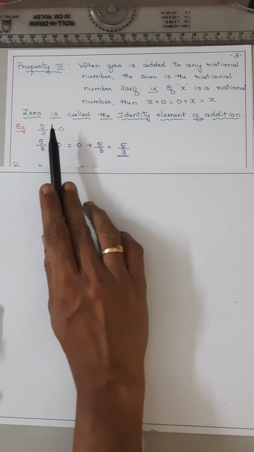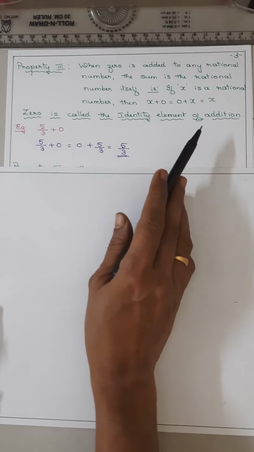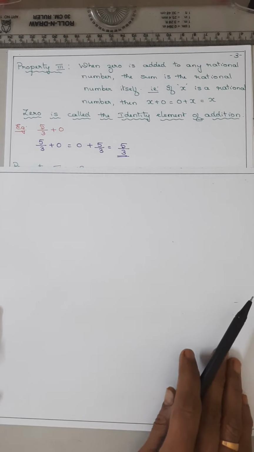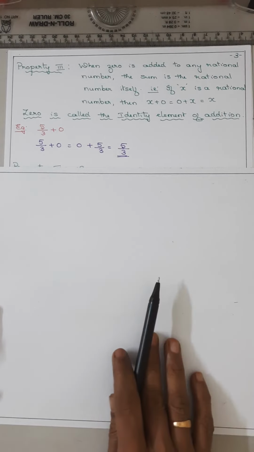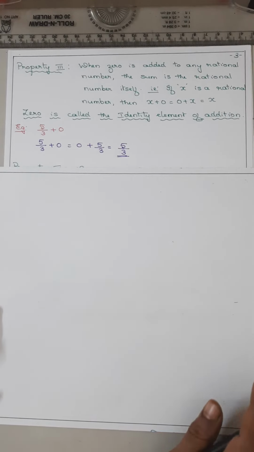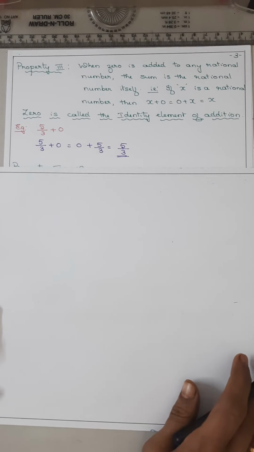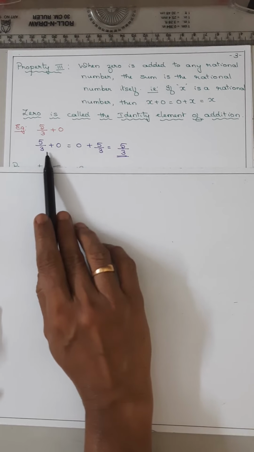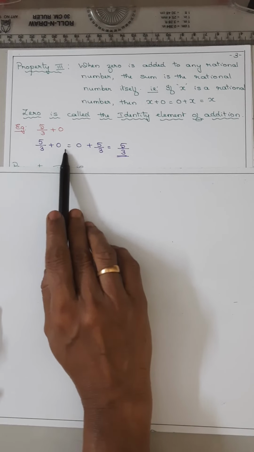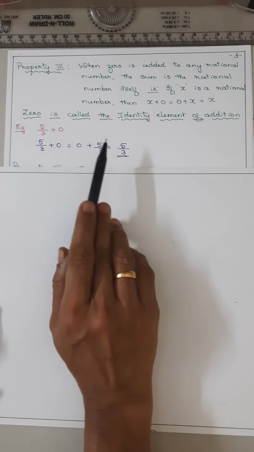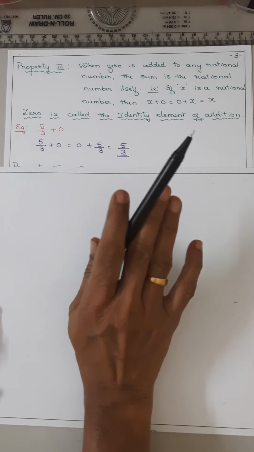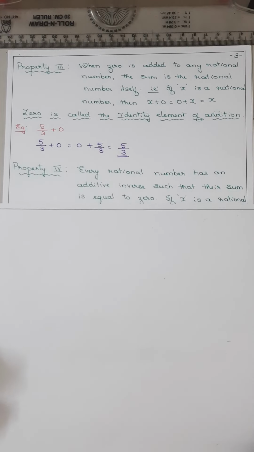That is why 0 is called the identity element of addition. So when you add 0, the rational number remains the same. Now 5 by 3 plus 0 is equal to 0 plus 5 by 3 is equal to 5 by 3.